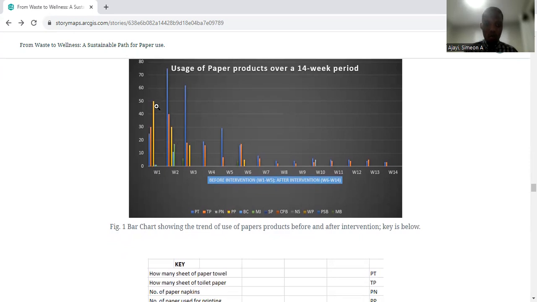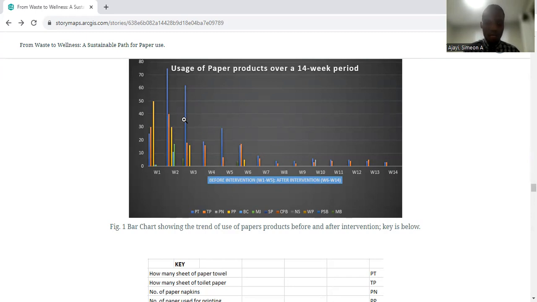Then for week 2, we can see the surge. The blue, the paper towel, contributed the majority of the surge in week 2, followed by the toilet papers, then the printing papers and the like.